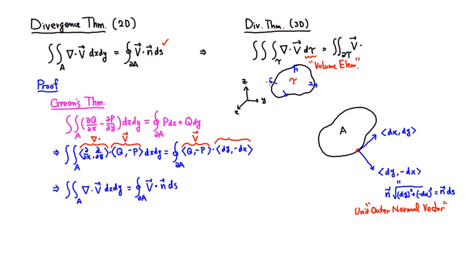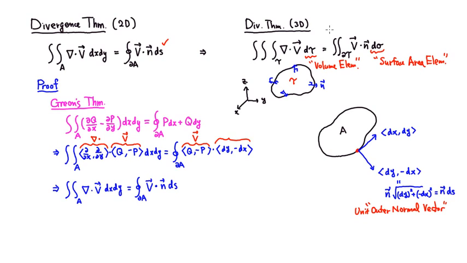It looks kind of like that, so these are the outer normal vectors. Since this is a surface integral, we're going to have a surface area element, so we use d sigma, which is the surface area element.